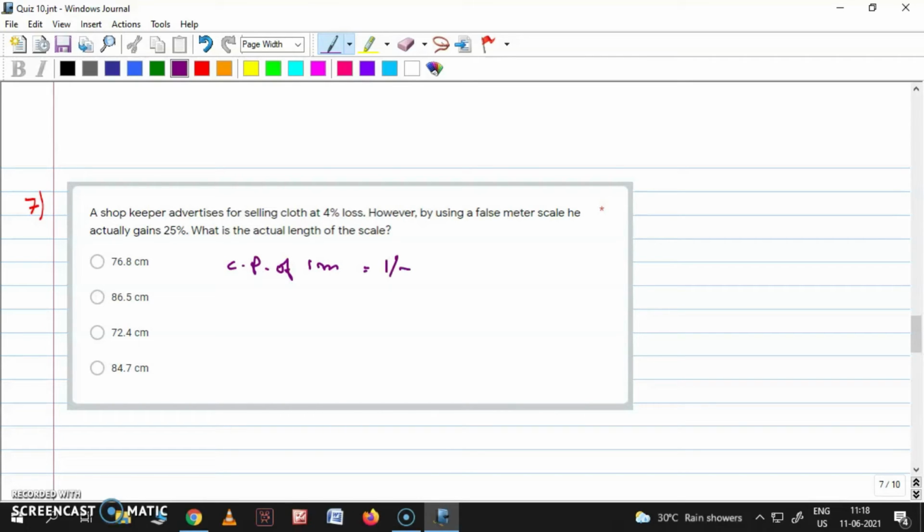Then the professed selling price, that is the changed selling price, is 96 divided by 100 into the cost price. The cost price is 1, so this will be equal to 0.96 rupee.